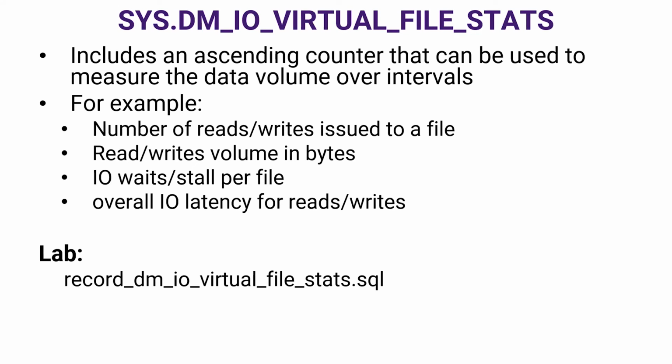This also might help you move SQL files around to spread out that IO workload and avoid that conversation with the storage admin, right? So there's a script here in the toolbox where you could record the file stats over time, use those ascending counters to figure out how much activity is actually going on in each of your volumes. And again, it's always a good idea to break out your SQL Server files and folders into different volumes, not have everything on the C drive.